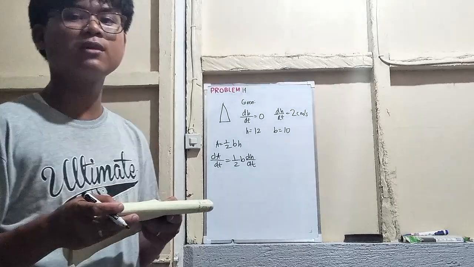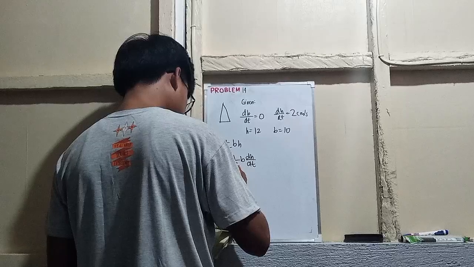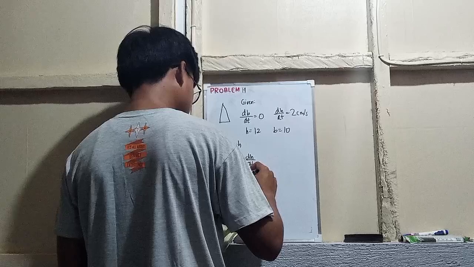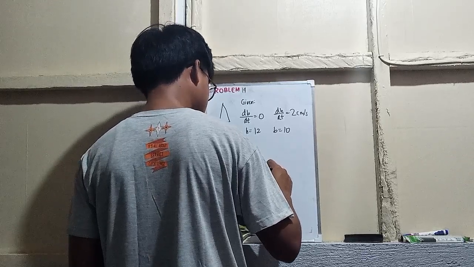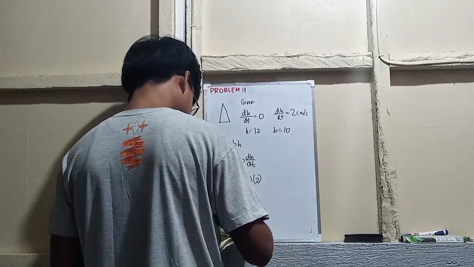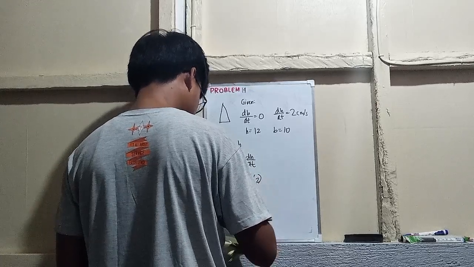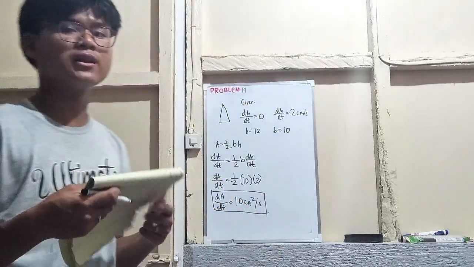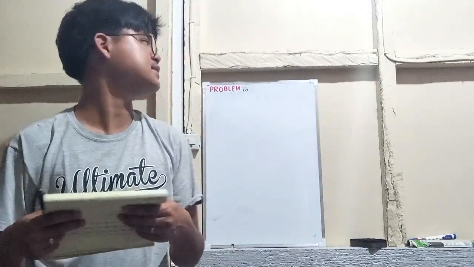So now we will substitute the given into the formula as dA over dt equal to 1/2, and our B is equal to 10 and our dH over dt is equal to 2. Then solve, we will get the value of 10 centimeters squared per second. So this is the final answer of the rate of the area of a triangle. So we'll proceed to problem 16.